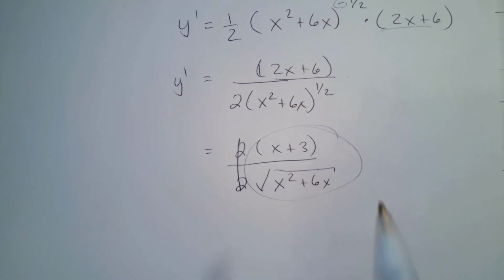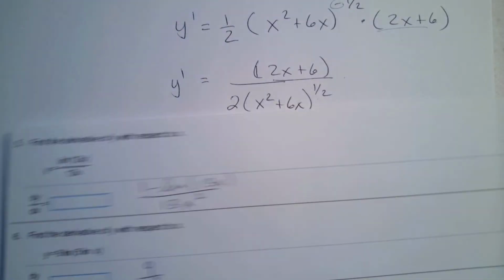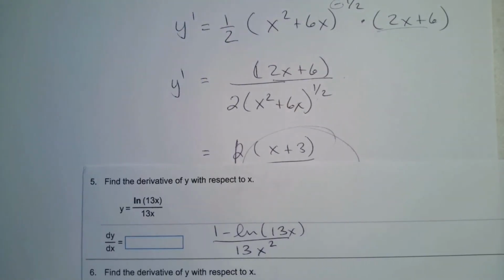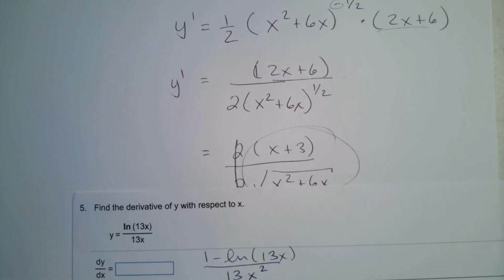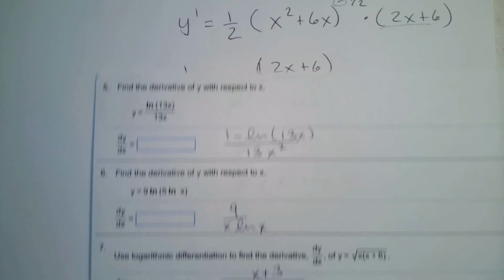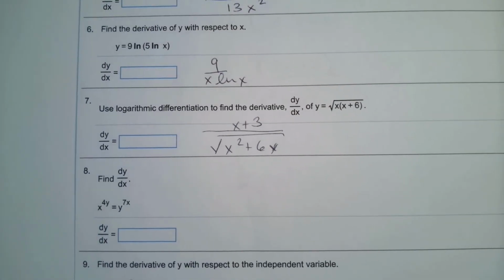And there we have it. That's our derivative. Alright, so that, let me write that down. Number 7. So it's x plus 3 over the square root of x squared plus 6x. Number 7.